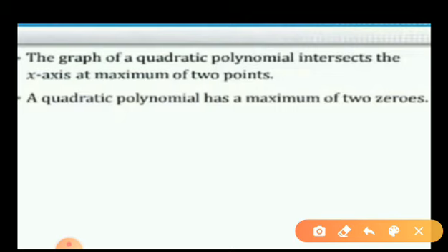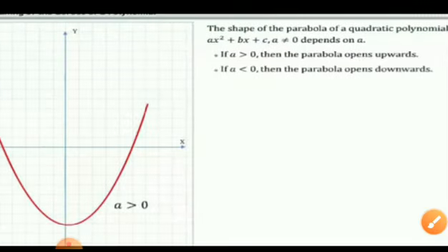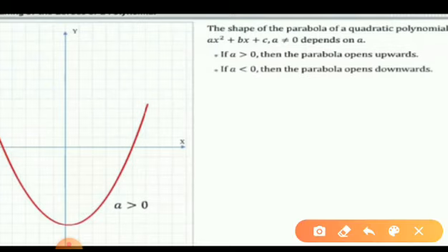Now, for a quadratic polynomial, the figure will be a parabola. Parabola means it may be U-shaped or it may be mountain shaped. You will have just your U-shaped parabolas and your mountain shaped parabolas.